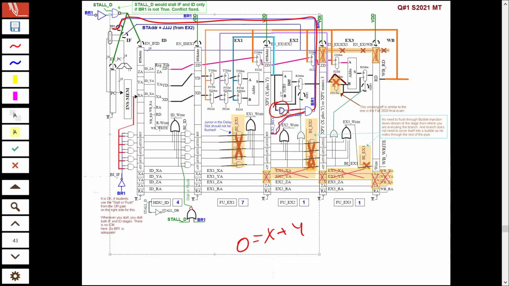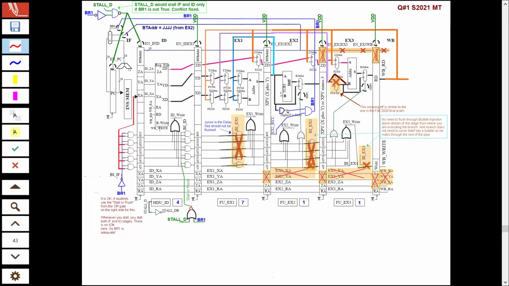So let's trace the line. You, the multiplexer, you are getting the branch target address from here, and the decision to branch is also coming from here. So you need to make sure that they are coming from the same stage. Okay, so if I, the branch, am successful, you will survive anyway.